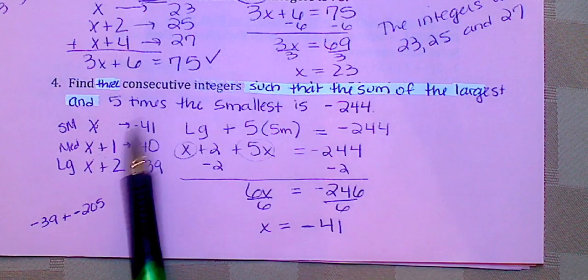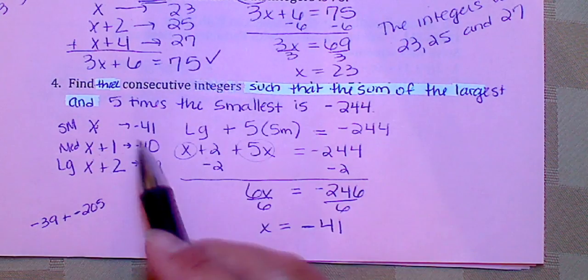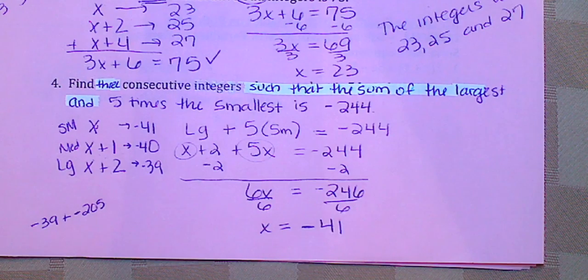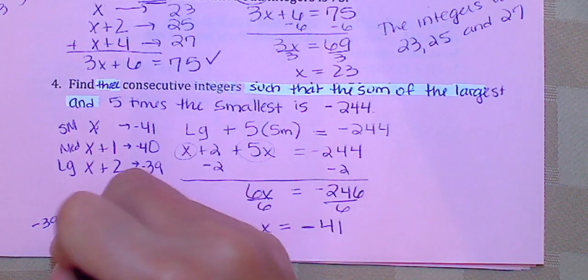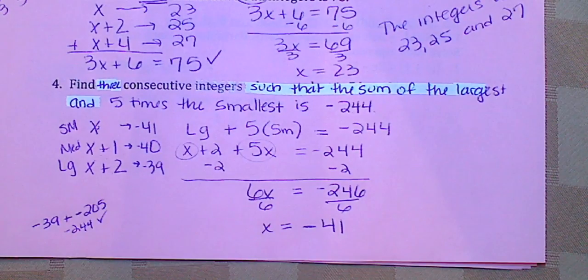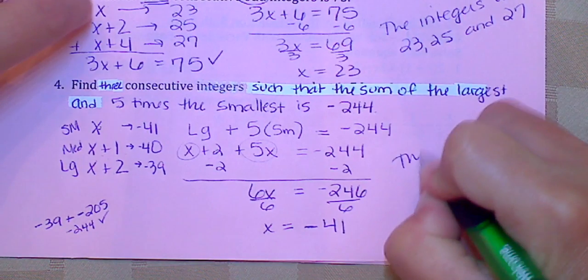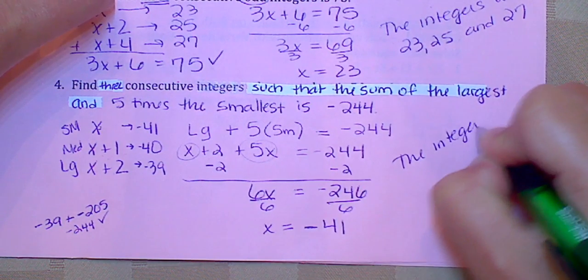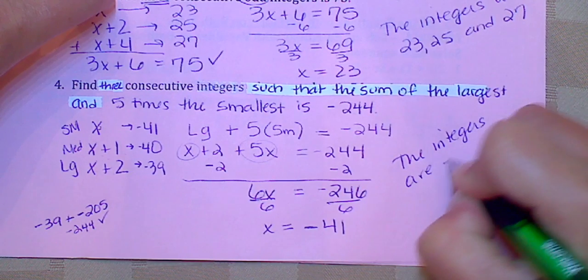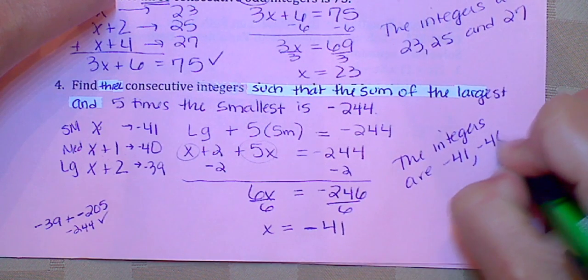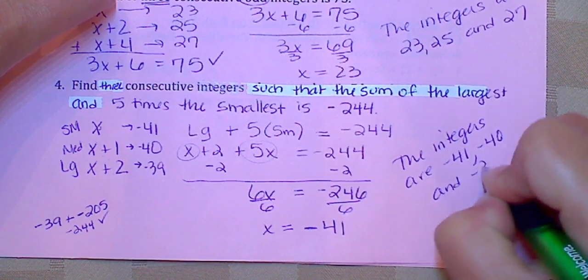Okay, so we take the smallest and multiply by 5. When we add that together, we do get negative 244. So we're good. So the integers are negative 41, negative 40, and negative 39.